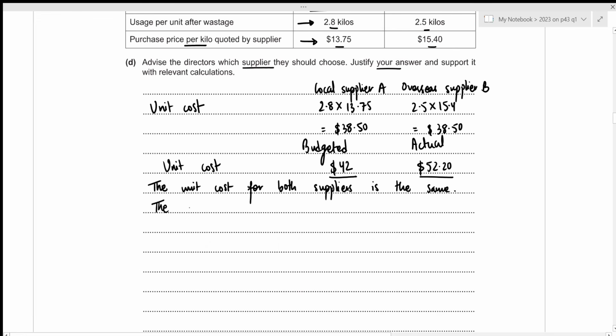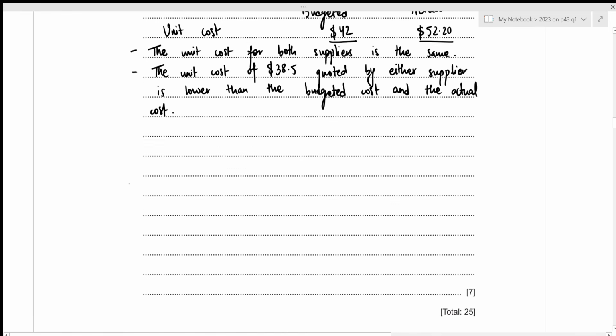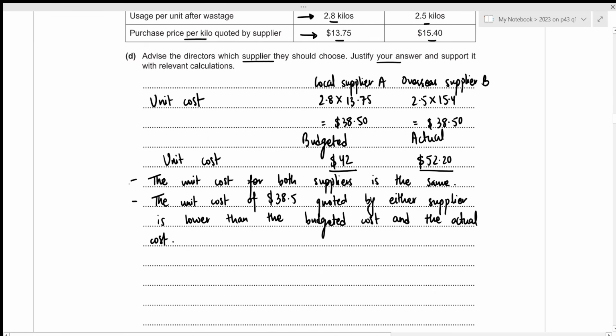So the unit cost of 38.5 quoted by either supplier is lower than the budgeted cost and the actual cost. Okay, that is all for our financial factors or the relevant calculations, and this is of 7 marks, so we need to have at least 4 more non-financial considerations and then one final decision.